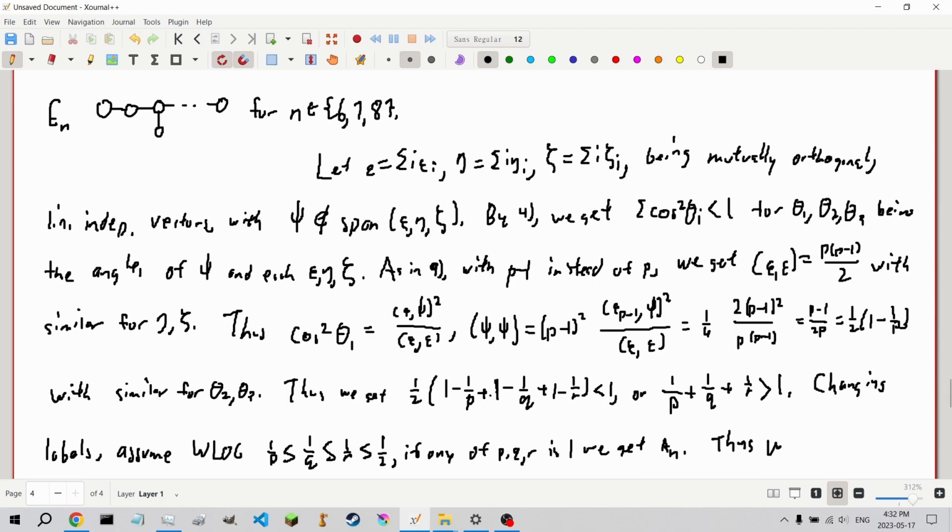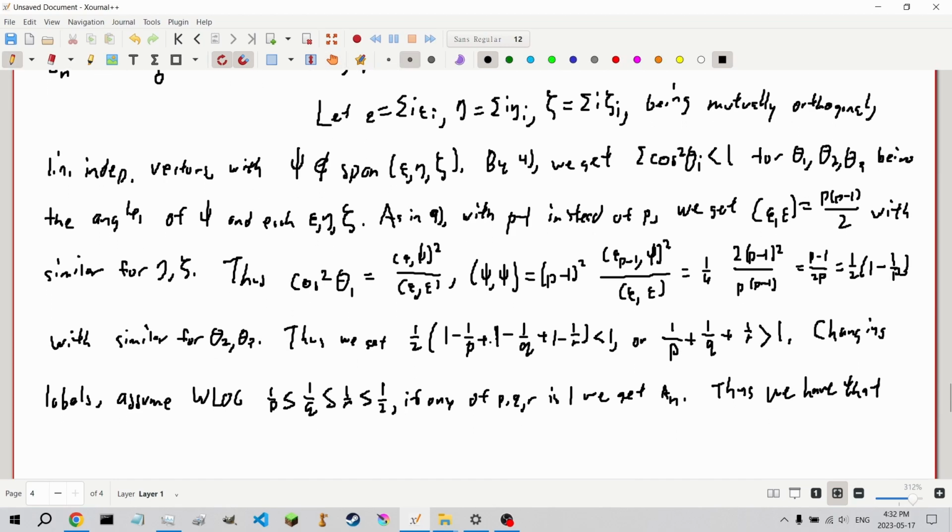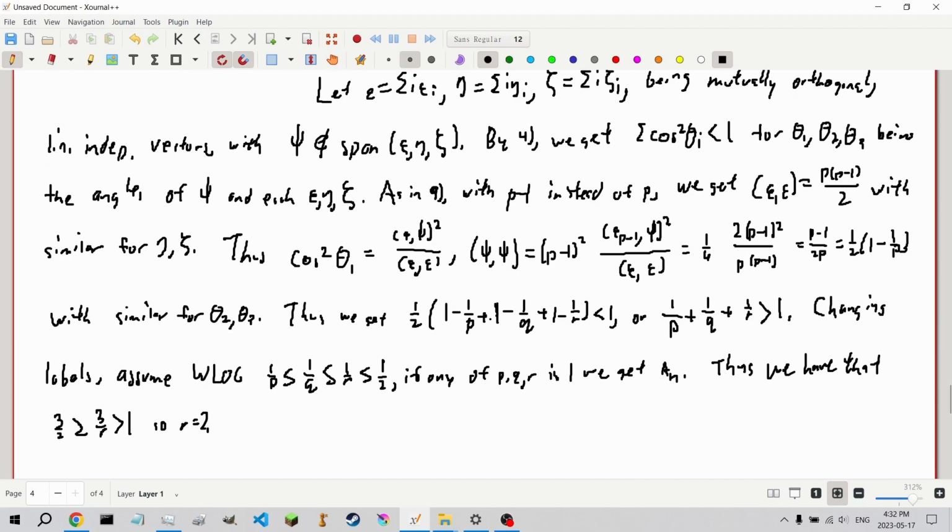Thus, we have that 3 over 2 is less than or equal to 3 over r, which is greater than 1. So r has to be 2. So that 1 over p plus 1 over q is at least 1/2. So that 2 over q is at least 1/2.